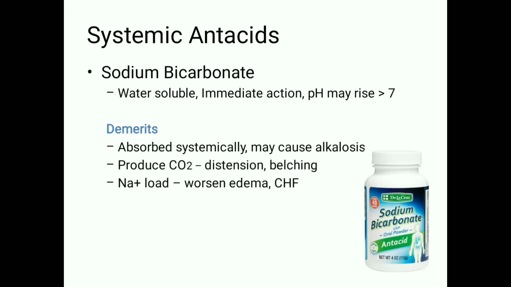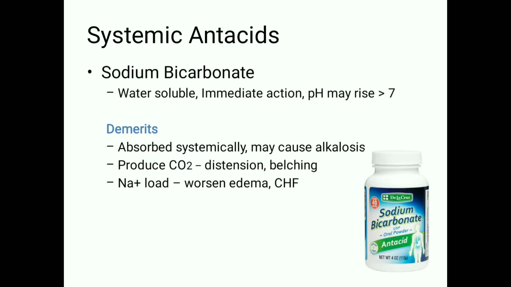But there are some demerits associated with it. Because it is absorbed systemically, it may cause systemic alkalosis. Then it produces CO2 locally in the gastric lumen, which may cause discomfort to the patient by distension or belching, or sometimes, if ulcers are present, it can result in perforation of the ulcer also. So that could be dangerous, though it is a very rare occurrence.